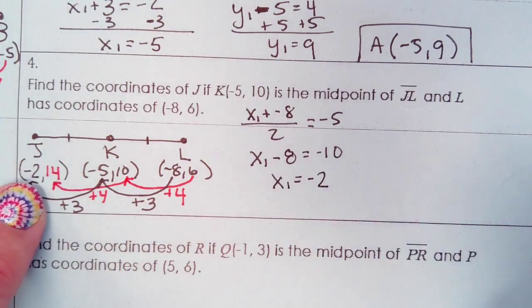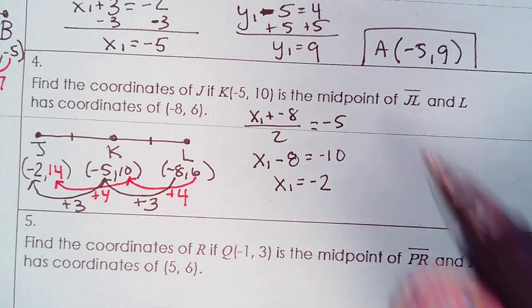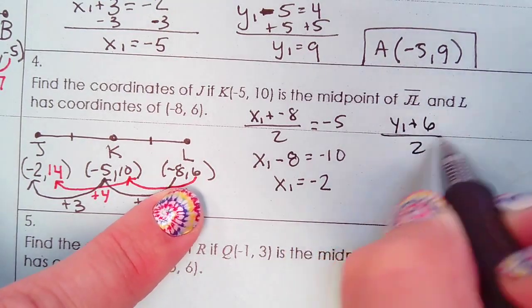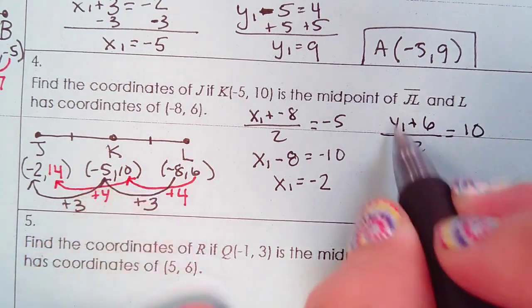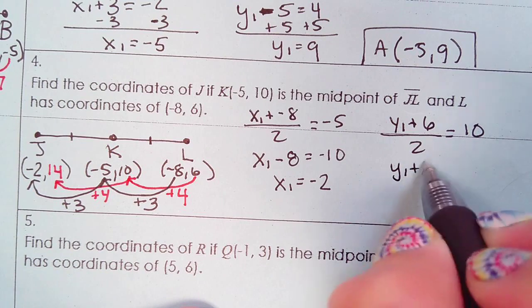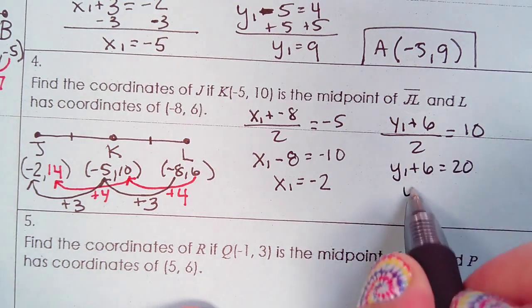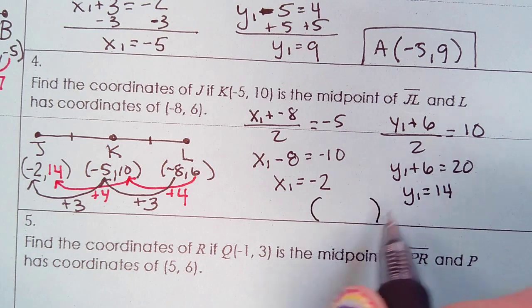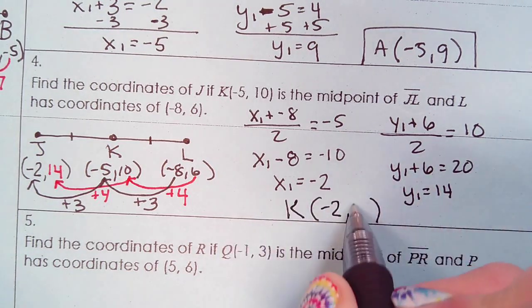Awesome, that's what we got. Now let's check the y's. y1 plus the other endpoint, 6, divided by 2, equals the midpoint y-coordinate, 10. Times 2 on both sides, so y1 plus 6 equals 20. Subtract 6 on both sides, y1 equals 14. Fantastic, that's what we got here. So our missing endpoint J is -2, 14.